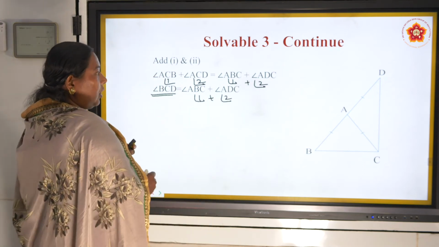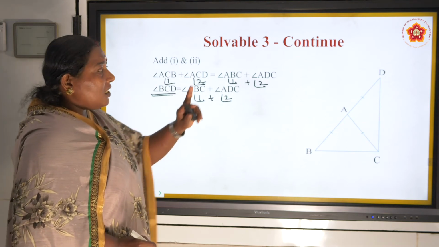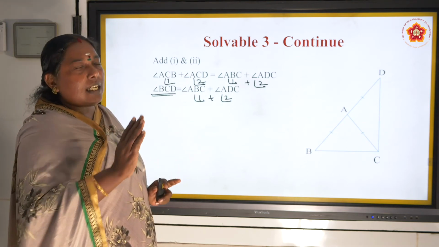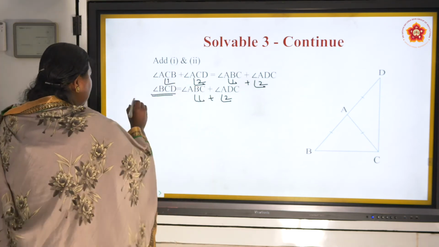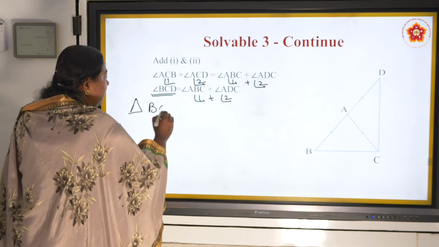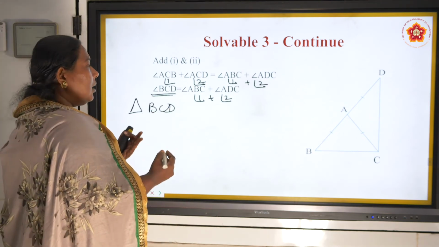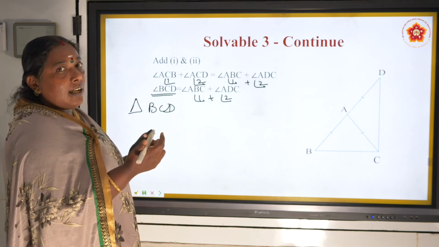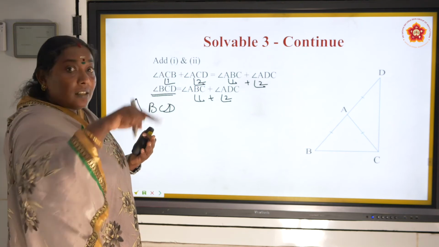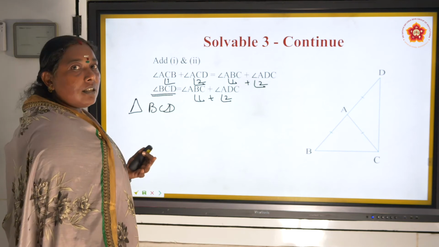Okay. Now what they have asked is that we have to prove angle BCD is 90 degrees. That means I have to concentrate on one triangle. I want triangle BCD. Correct? Already in my previous 8th standard and 7th standard, I learned that the sum of the angles of a triangle is 180. Is it right?